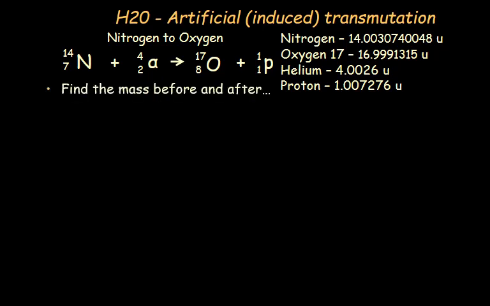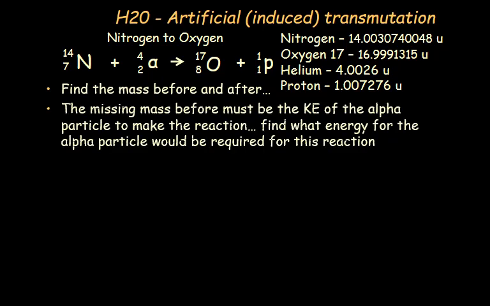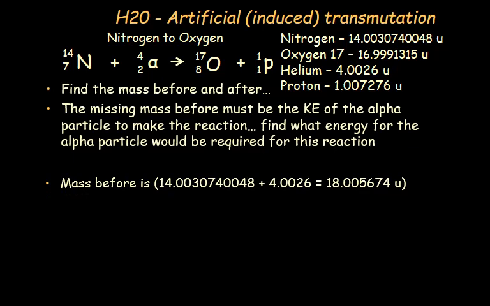So we want to find the mass before and after. And again, the missing mass before must be the kinetic energy of the alpha particle to make the reaction occur. And we can find what energy for the alpha particle would be required for this reaction. So the mass before, we add up the nitrogen plus the alpha particle, the helium nucleus, 4.0026, and we get that value there.